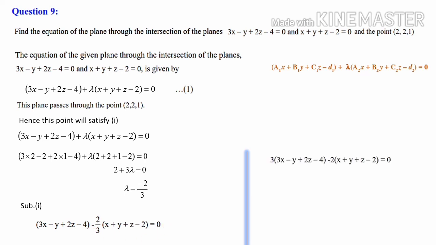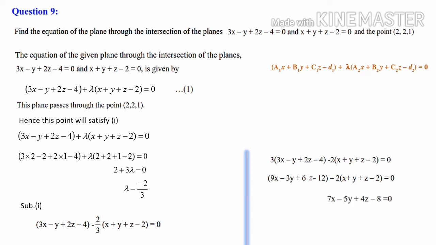That is 3 into 3x minus y plus 2z minus 4, minus 2 into x plus y plus z minus 2 is equal to 0. That is 3 into 3, 9x, 3 into y, 3y, 3 into 2, 6z, 3 into 4, 12, minus 2 into x plus y plus z minus 2 is equal to 0.